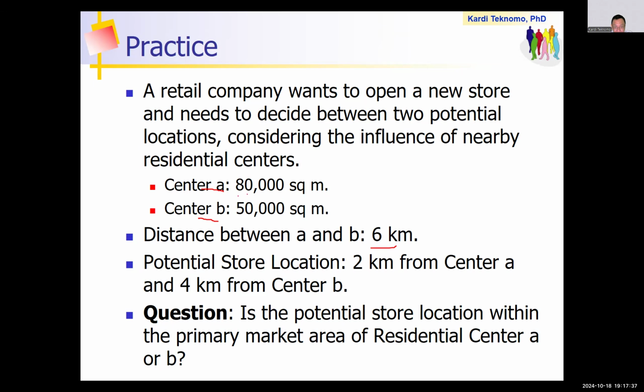So this is larger. Then the question is, there are certain potential store locations. So your question now is who is your target market? Is it from A or from B?